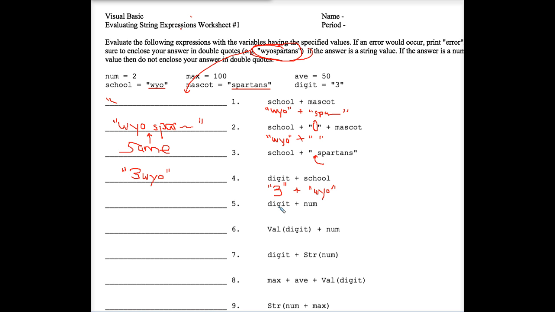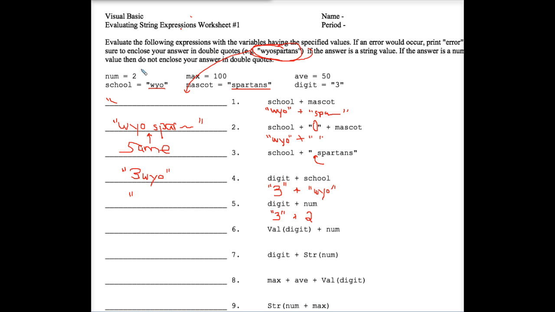Number 5, digit plus num. Well, num is 2, and digit is 3 with quotes. When that happens, the computer turns the final result into a string. I know it's kind of silly, but look at the way I'm writing the scratch work here. 3 in double quotes plus the number 2.